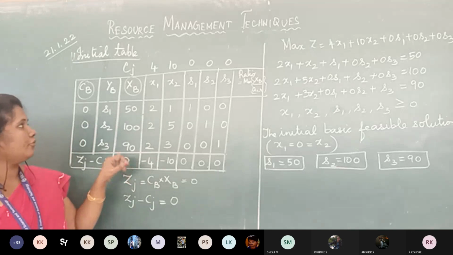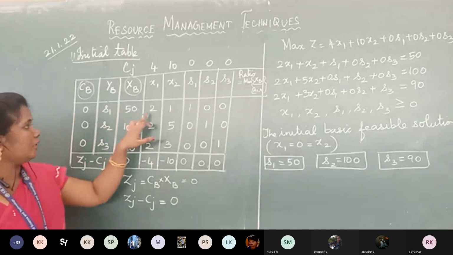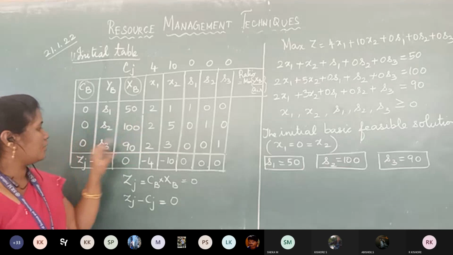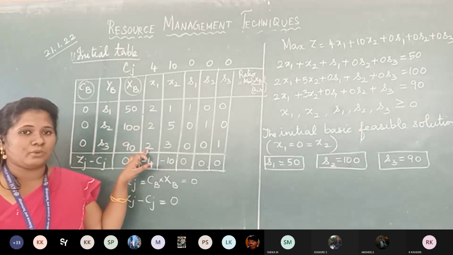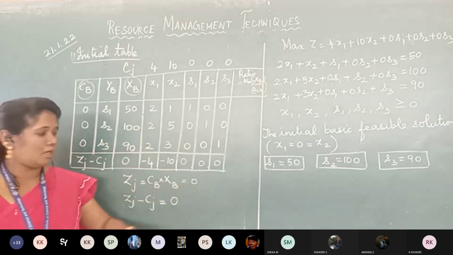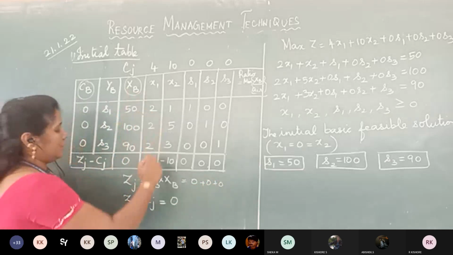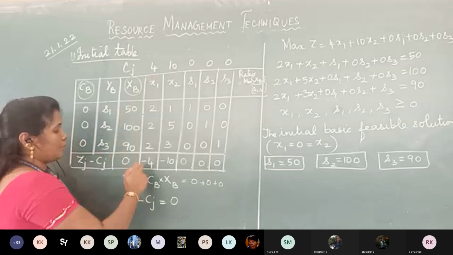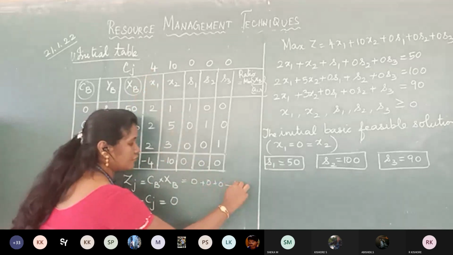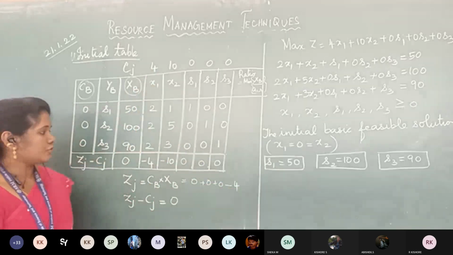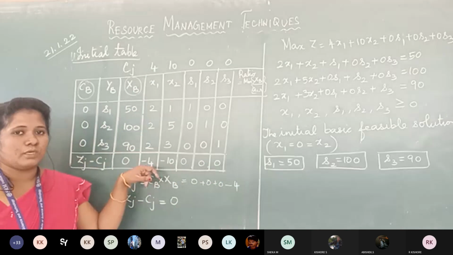Similarly for your x1, if you do 0 into 2, 0 into 2, 0 into 2, again the whole value will become 0 plus 0 plus 0, and then it is minus Cj. So minus Cj, if you see, is minus 4, so I write it as minus 4.